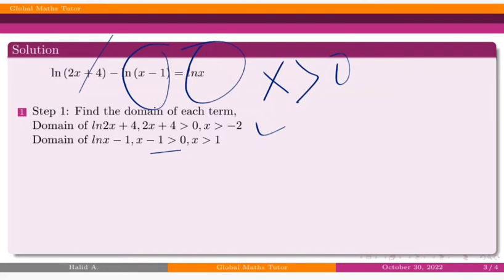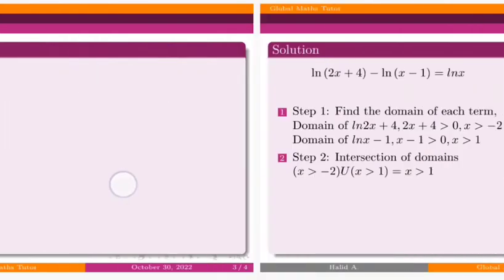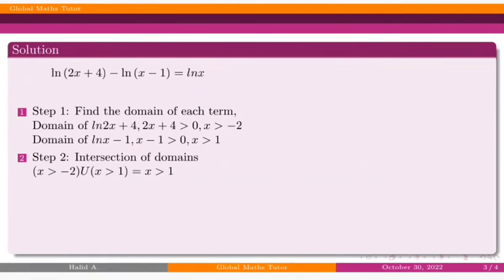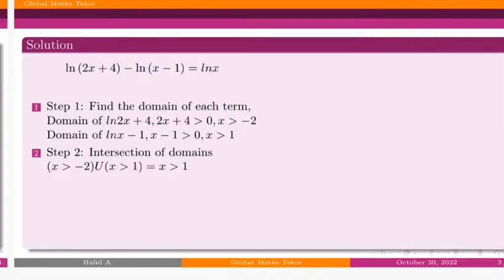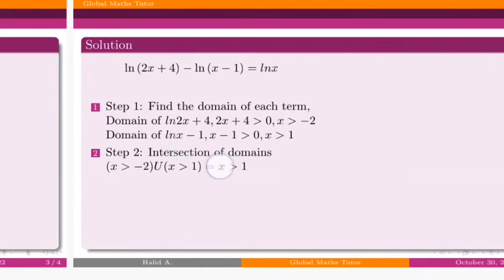So the intersection of these three domains: x must be greater than minus 2, x greater than 1, and x greater than 0 for this term. I think I forgot to write this for ln x.